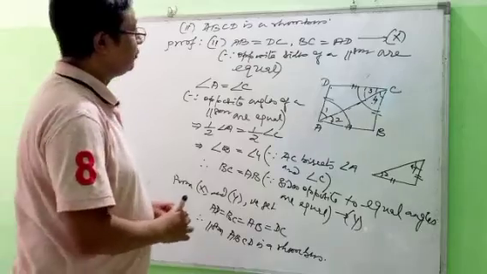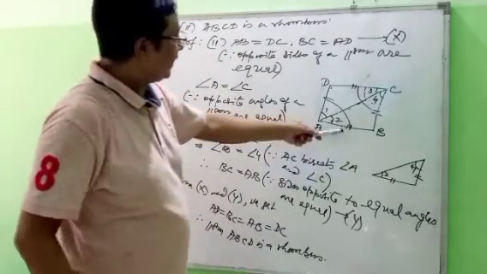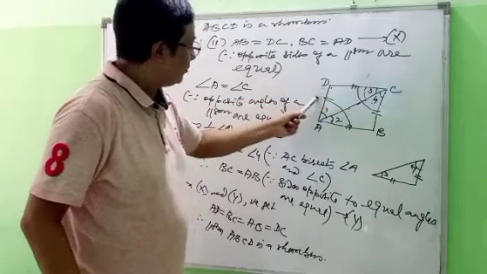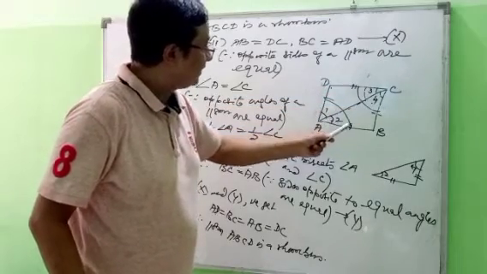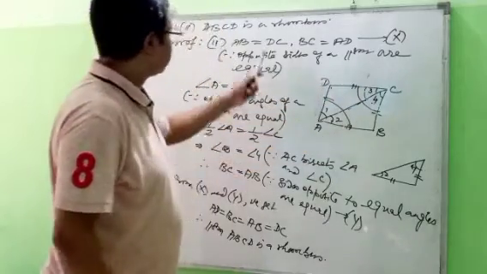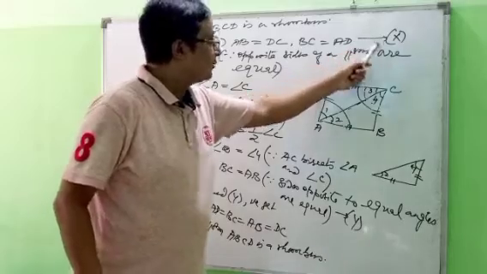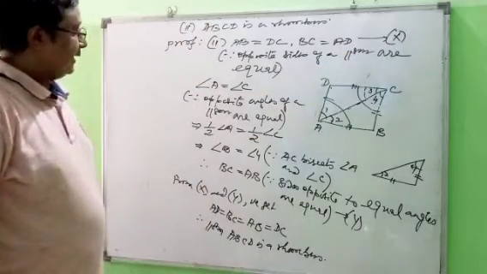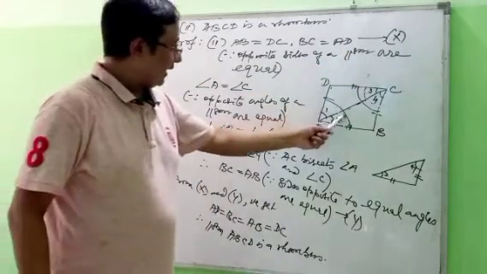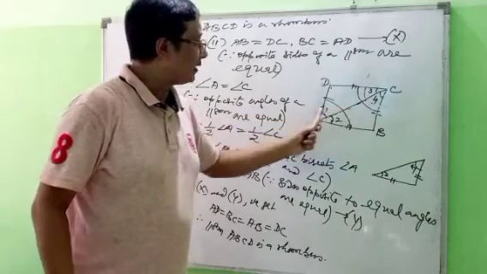So here what you did in the second part, you have taken the opposite sides equal, because they have given that the figure ABCD is a parallelogram. So here the opposite sides are equal. So you took this as equation x. Then next you have got that angle A is equal to angle C. Opposite angles of a parallelogram are equal.